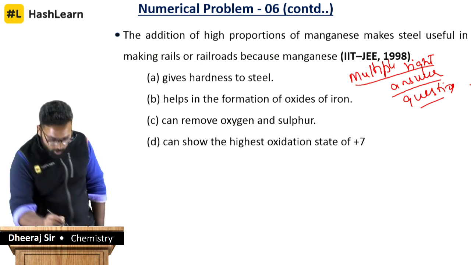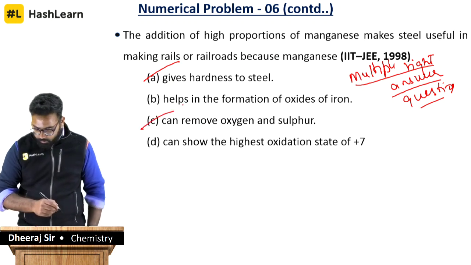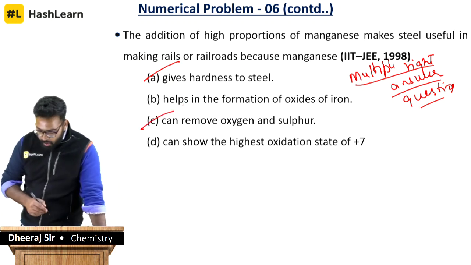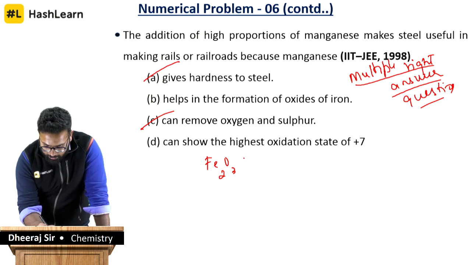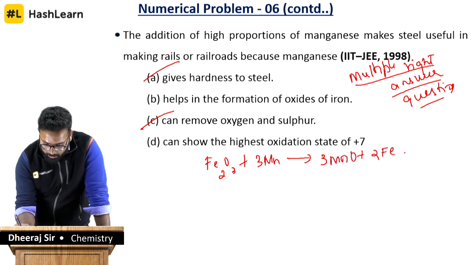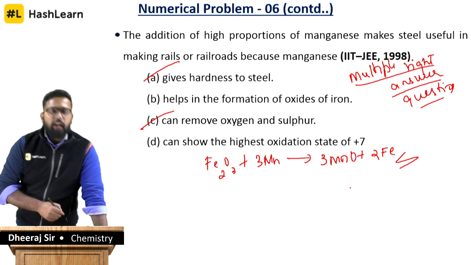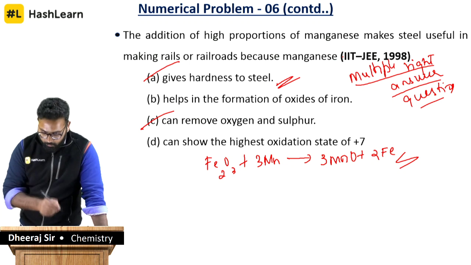It has to be option A as well as option C. I'll tell you why. If you take steel or iron oxide, manganese will add to it to form manganese oxide plus iron. So it gives hardness to steel because it goes on adding iron content to steel.